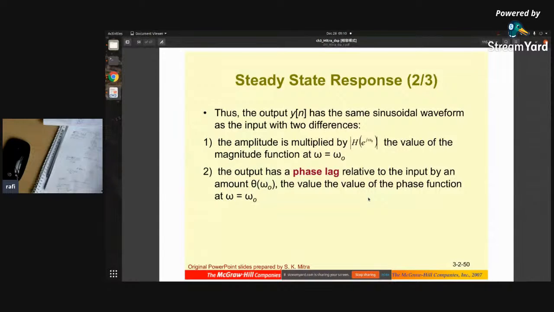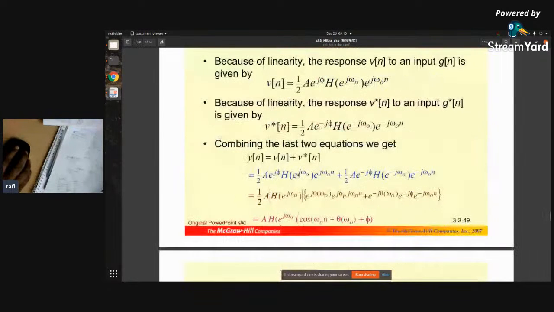I'm telling beforehand, just remember this point: not only for cosine or sinusoid, for any signal, at some frequency, when it is transmitted through a system, its magnitude will change as well as its phase.